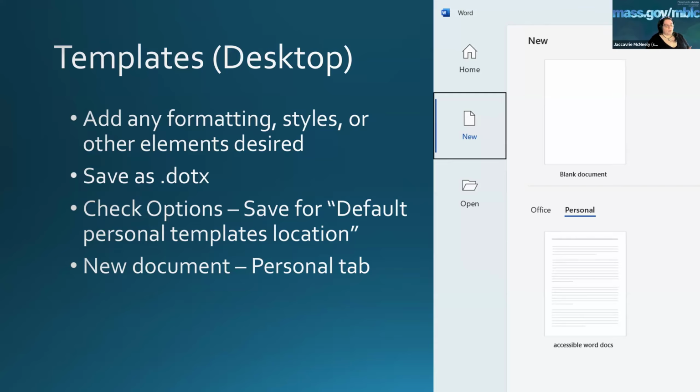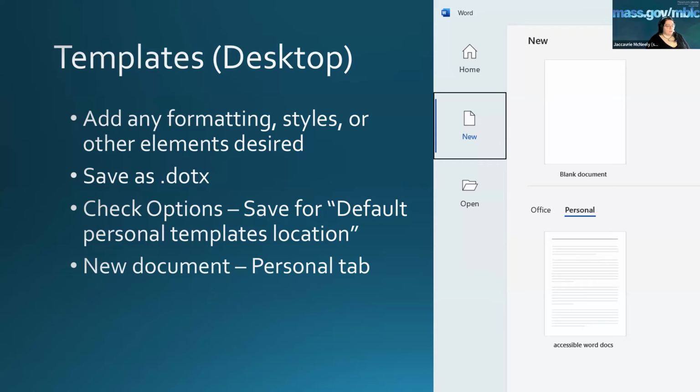So if you want your heading to be a certain color, certain size, certain font, you set all of that up. Save your document as a .dotx file. So we're used to seeing .docx. This is a .dotx. This is a template file, and it's going to default to a certain place.